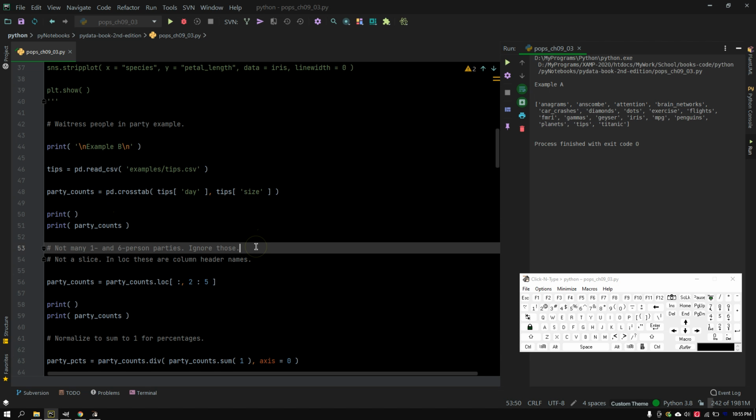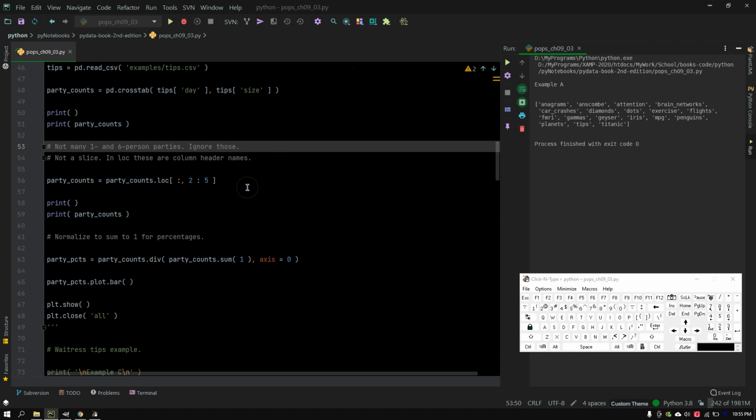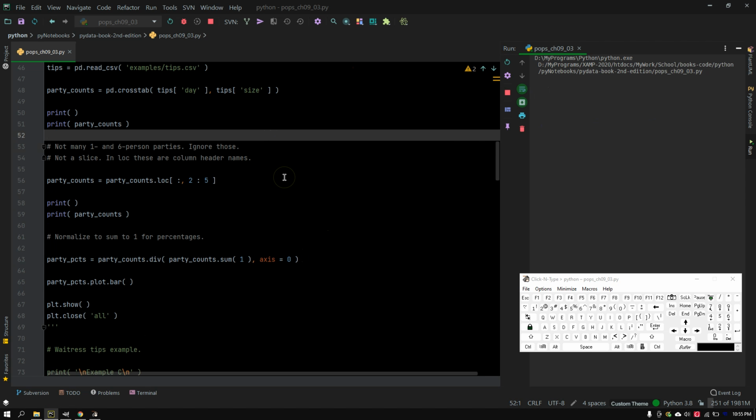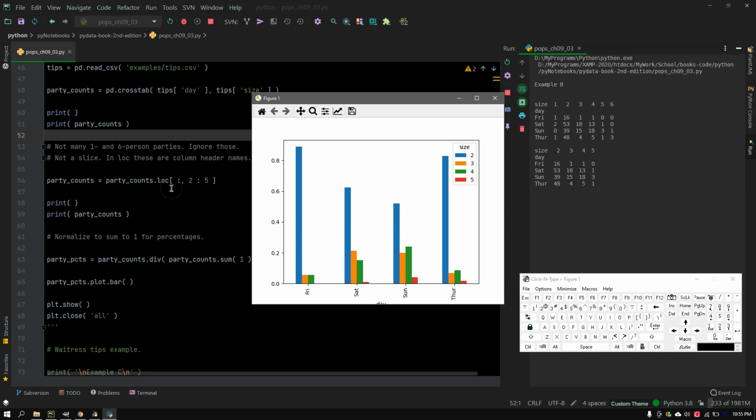You're going to see that there are not too many parties in that restaurant with 1 or 6 persons. And so we're going to ignore those. So this function here allows us to ignore all of those except the second column and the fifth column.